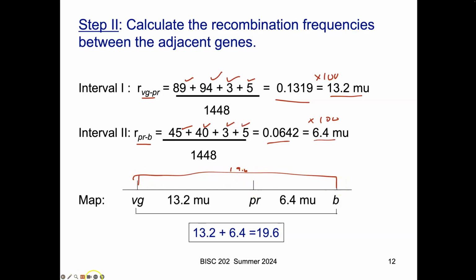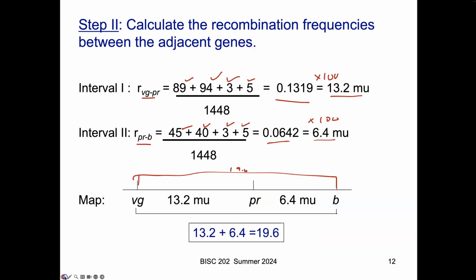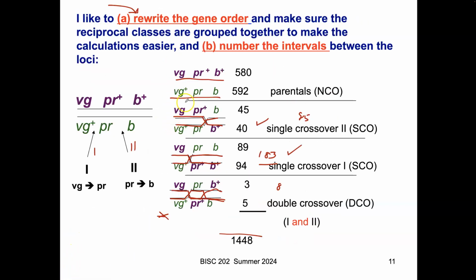Okay, and the importance of double crossovers can be shown in this case, where if we were to just look at the genotypes and go, okay, well, there's a crossover between vestigial and black here, and here, and here, and here.